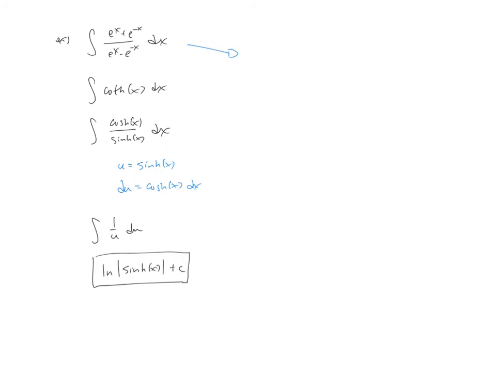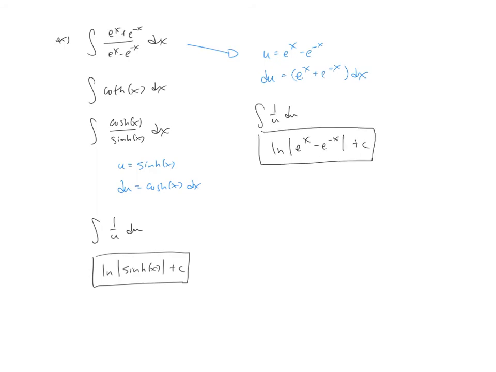From the very, very start, if I let u equal e to the x minus e to the negative x, so if I let my u from the start be this bottom piece, then my du would be e to the x plus e to the negative x dx, which is actually a perfect fit for the numerator. So that leaves me with this 1 over u du, which is the natural log of the absolute value of u, which is e to the x minus e to the negative x plus c.